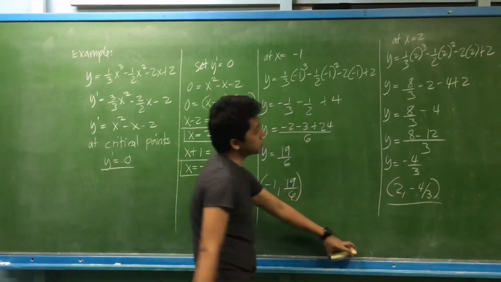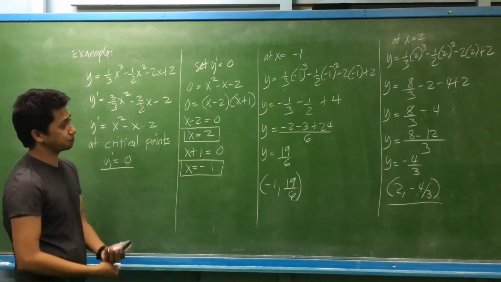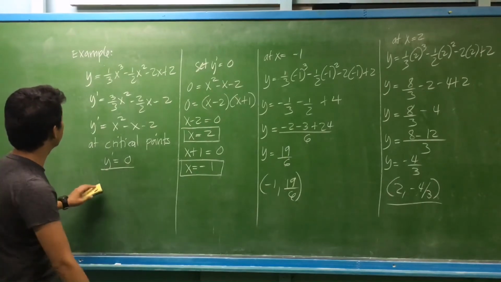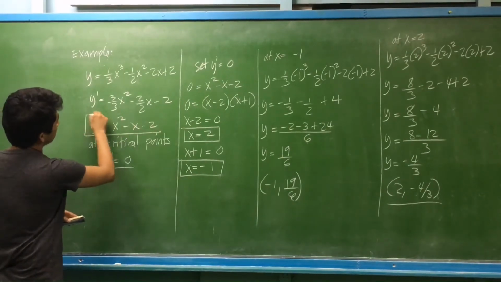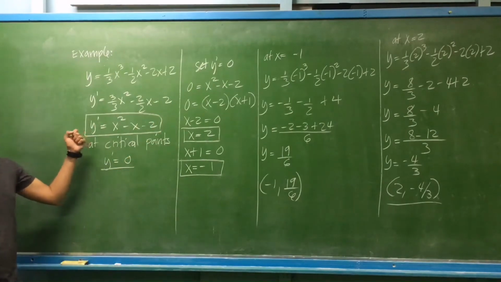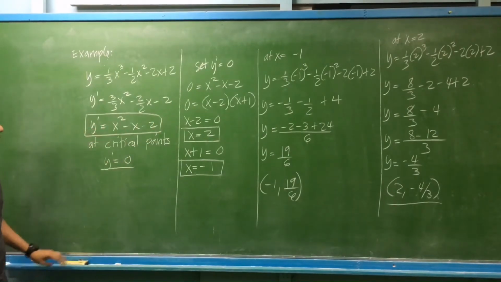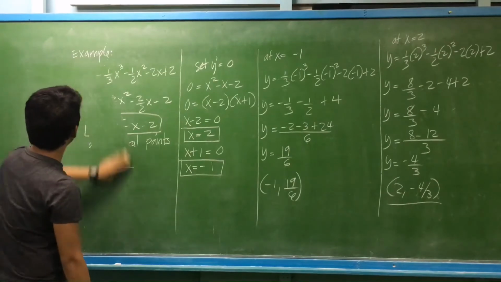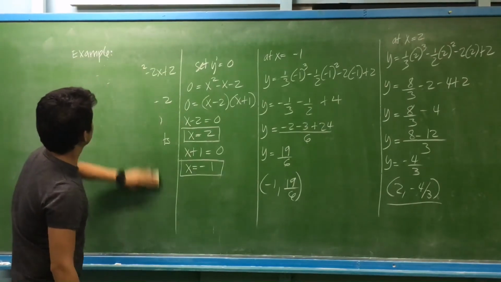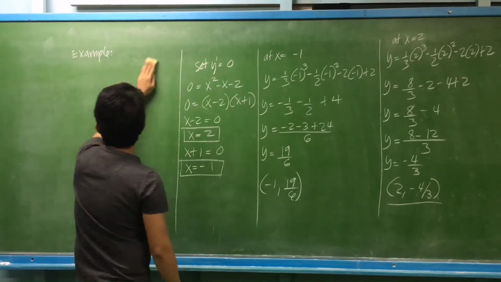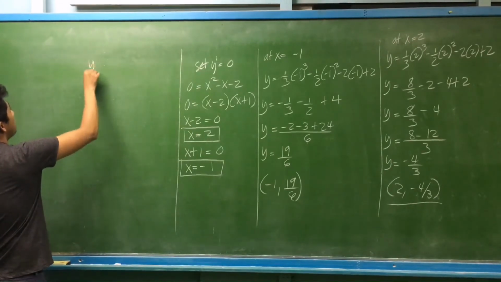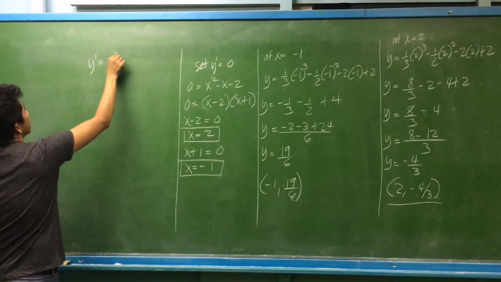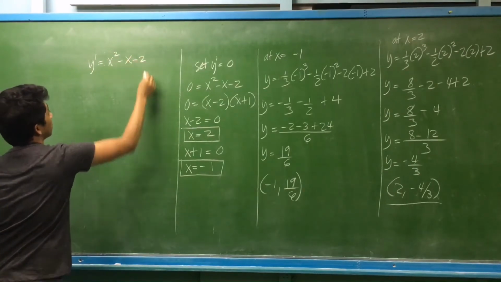Now we are to perform the second derivative test. What is the value of our first derivative? y prime is equal to x squared minus x minus 2.